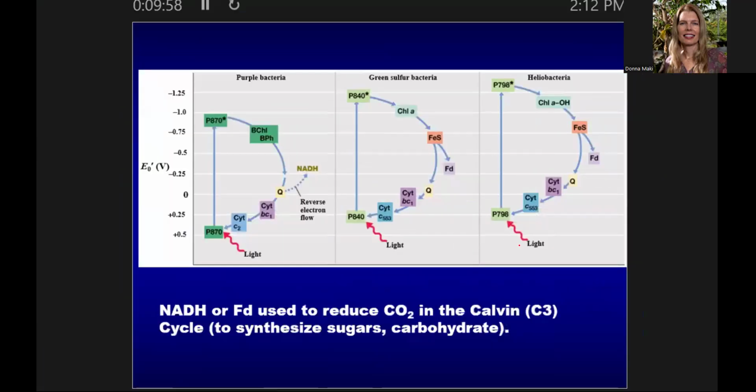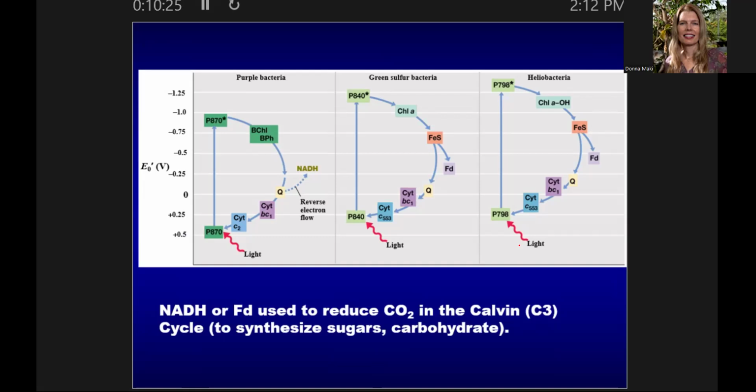So here we're looking at 3 different groups of bacteria, and these bacteria are basically trying to create a way to get ATP made and hopefully some NADH or NADPH. I'm not going to go into details on this. Here they're showing the purple bacteria doing, oh, they got to do reverse electron flow if they want the NADH.